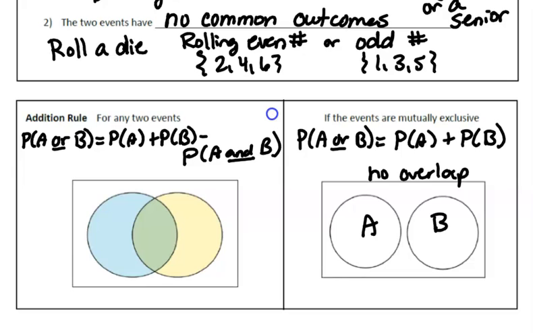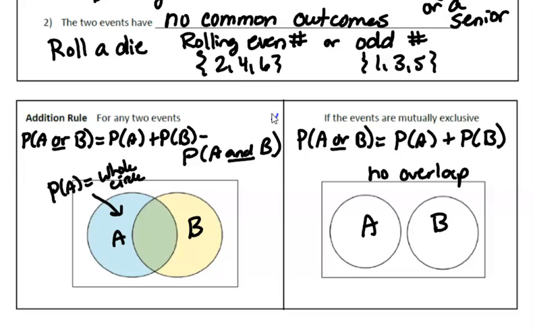Now, why do we subtract the probability of A and B? Because here we have event A, and A is the whole circle. So the probability of A equals the whole circle, whatever is in the whole circle. Then we have B over here, and B is also the whole circle.